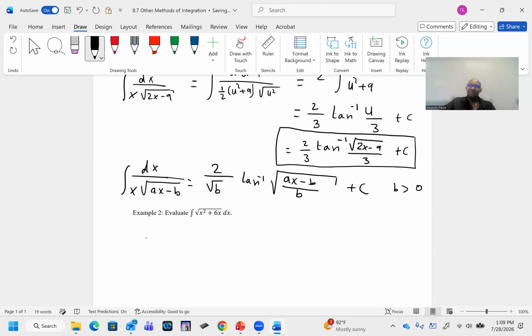So in that case, I will just try to complete the square, x squared plus 6x. To make it a complete square, we have to add 9 and then minus 9. So this part will be (x plus 3) squared minus 9, right?